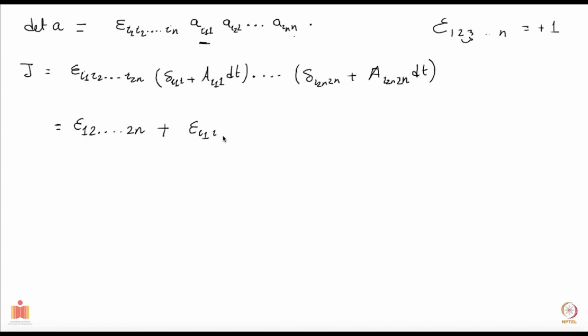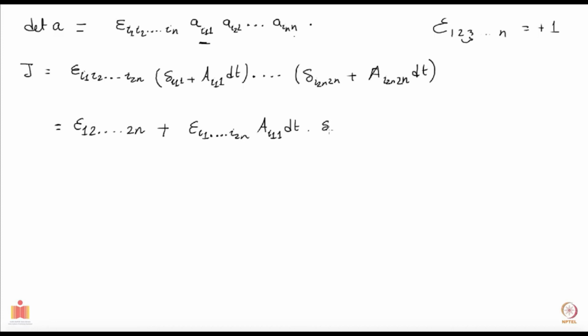Let's reduce some labor in writing. You are going to get A I1 1 dt, and all the others will be just deltas. So you'll have delta I2 2, and similarly you proceed and go up to I2n 2n.